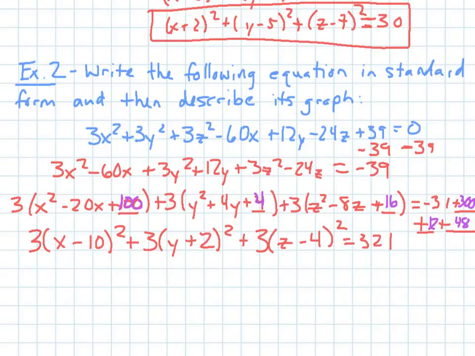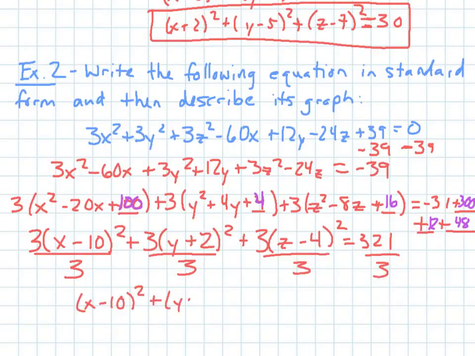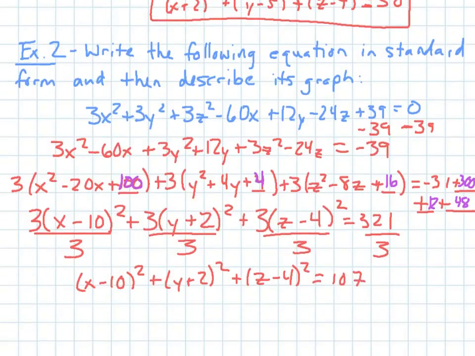Now you want to get rid of the 3's in front, because that's not really standard form. So divide everything by 3: (x minus 10) squared plus (y plus 2) squared plus (z minus 4) squared equals 107. And that's my standard form.